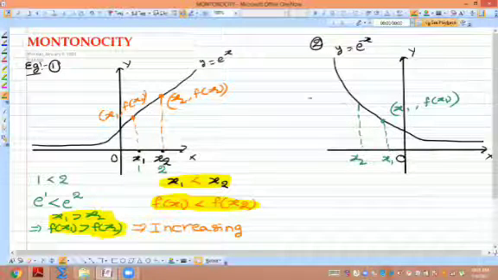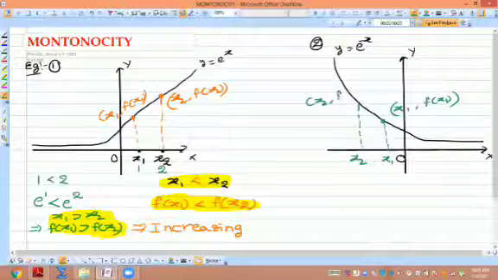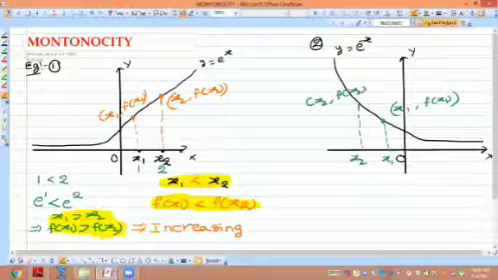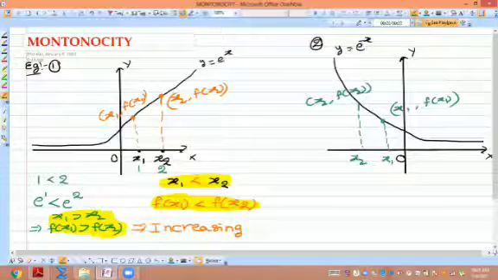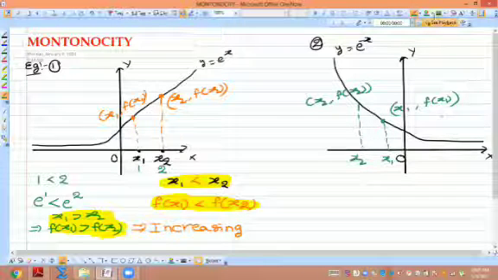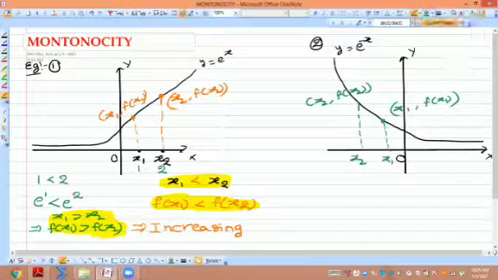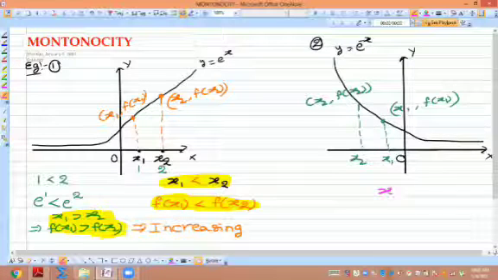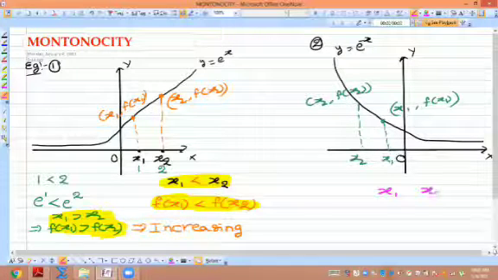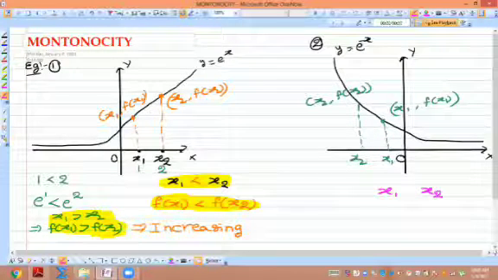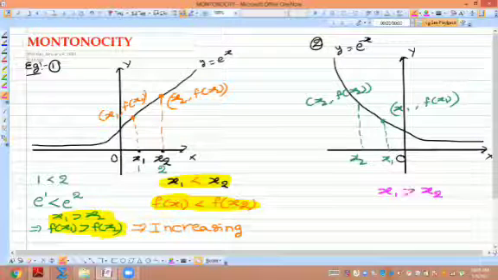This point, x2 comma f of x2. Now you observe. Tell me, is x1 greater than x2 or less than x2? Greater than x2. Very good, because we are taking the negative side, na?